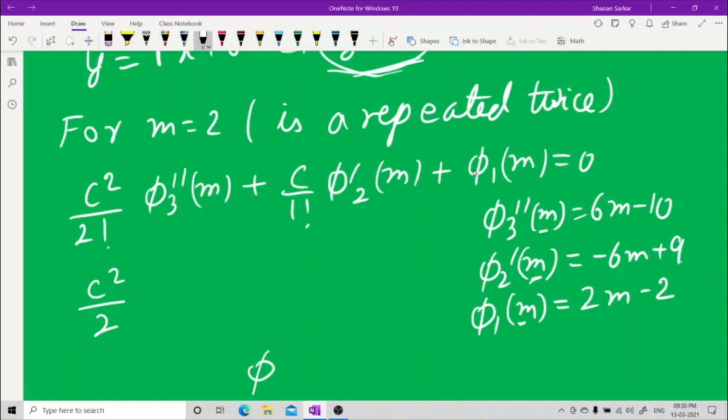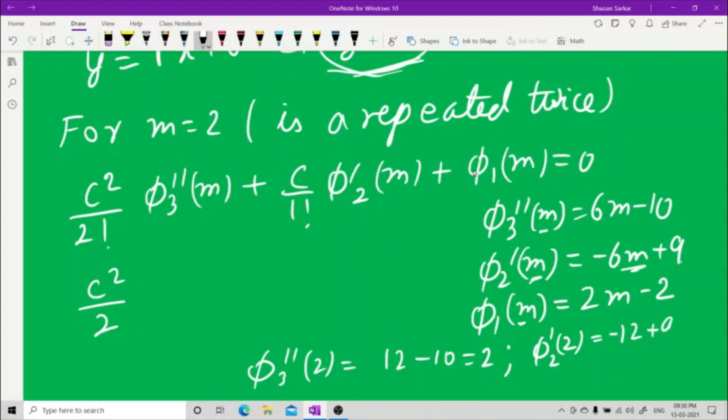So phi 3 double dash 2 is nothing but 12 minus 10, that is 2. Phi 2 dash at 2 is minus 12 plus 9, that is minus 3.